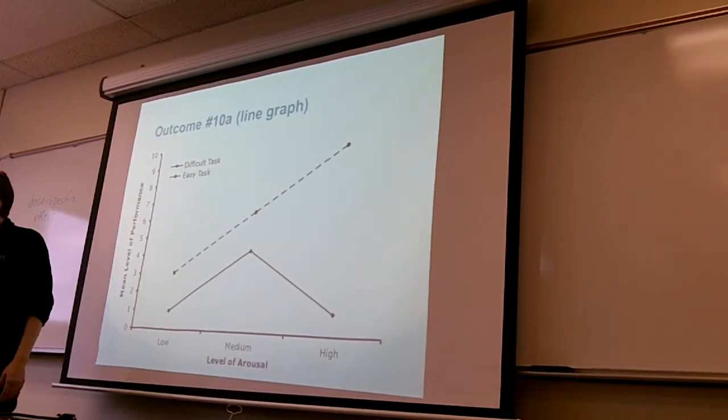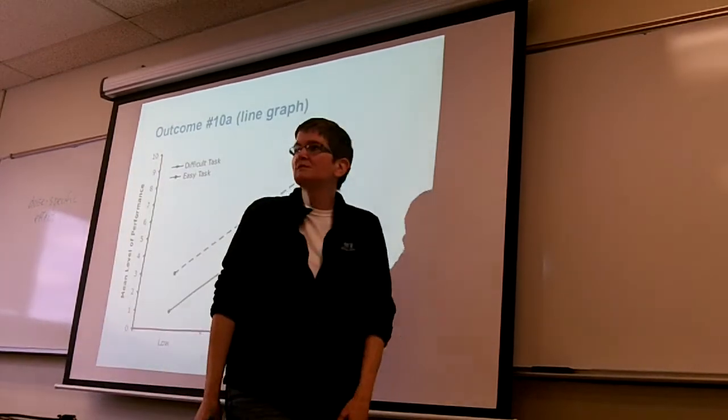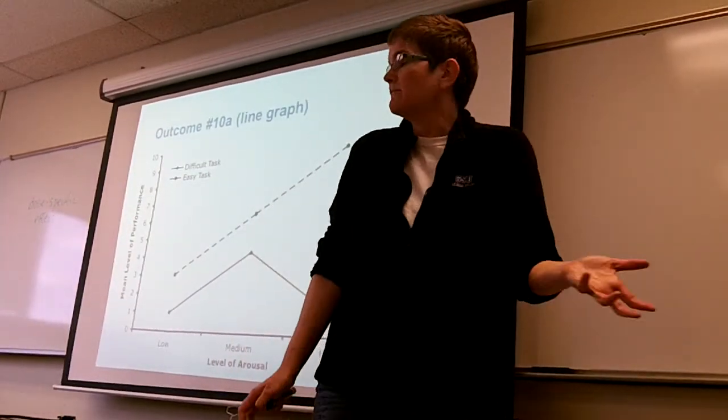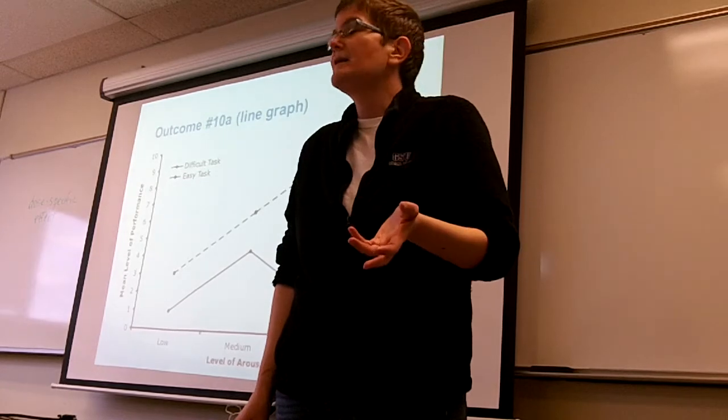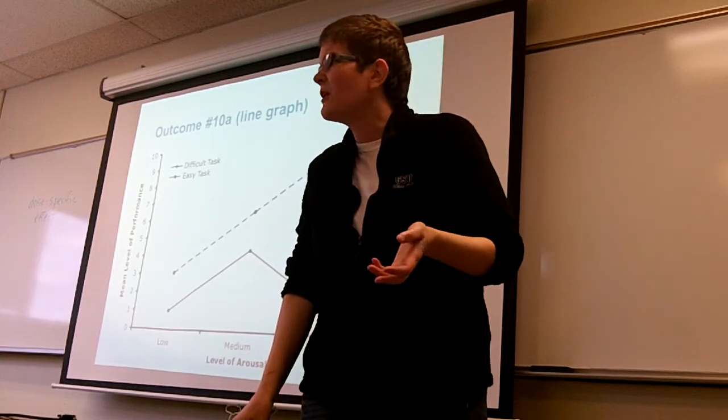That makes sense, right? Low level arousal. Okay, I mean, if you're pretty relaxed and you have to do something easy, fine. You're going to do better at it than something that's a little bit harder. Okay? Because the task is hard.